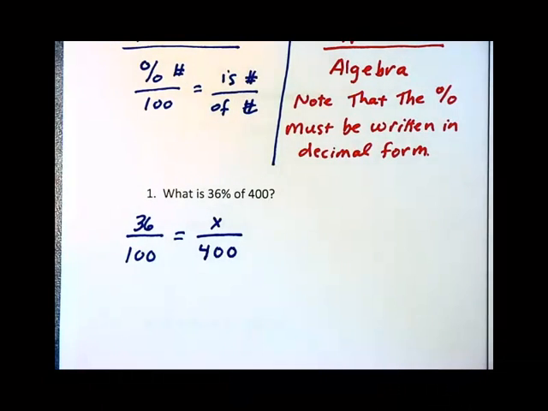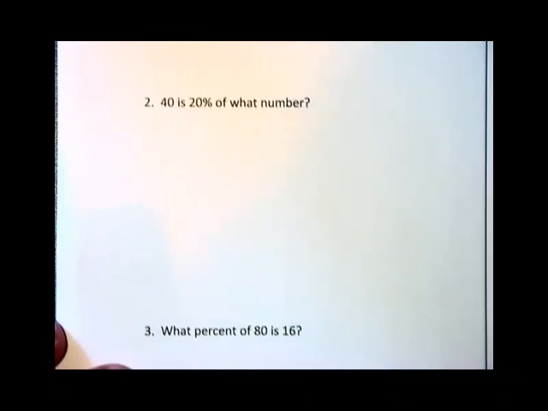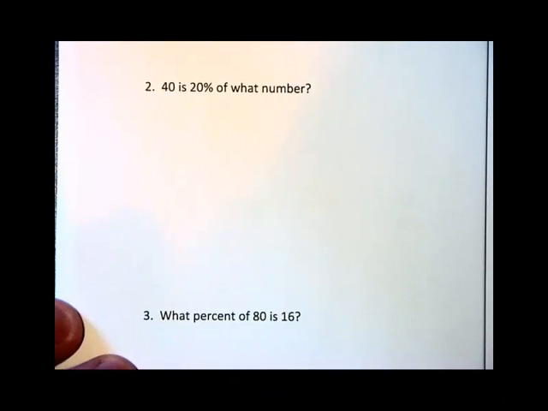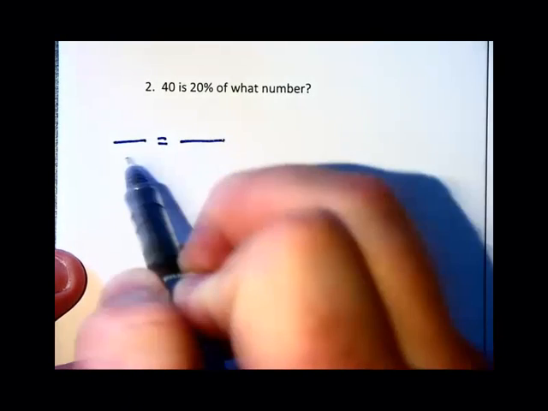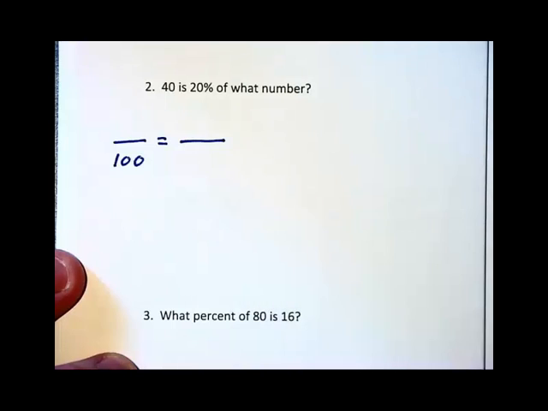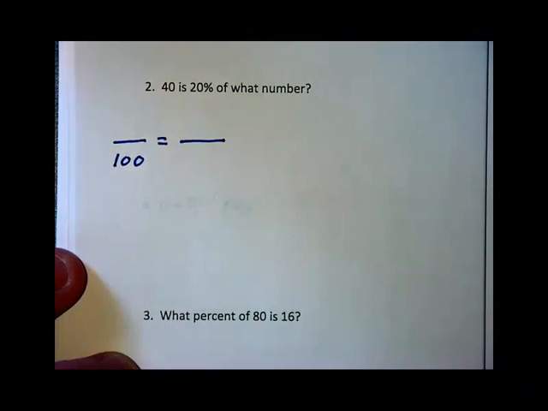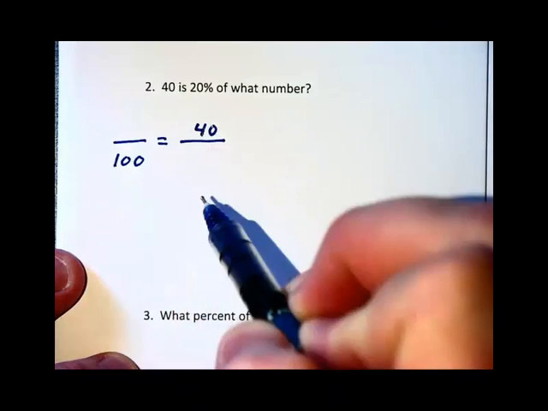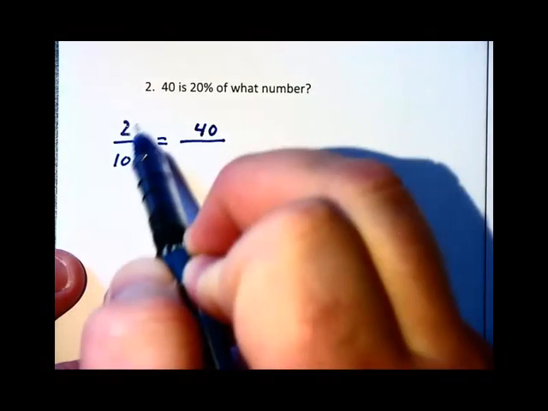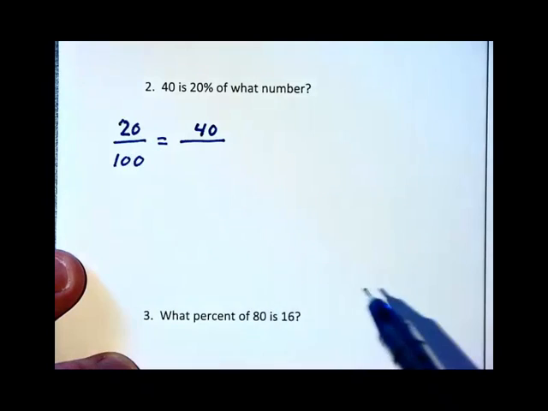Let's move down to problem number 2. 40 is 20% of what number? So again, fraction equals fraction, 100 by default on the bottom left. 40 is the is number going on the top right. 20%, 20 is our percent number going on the top left.